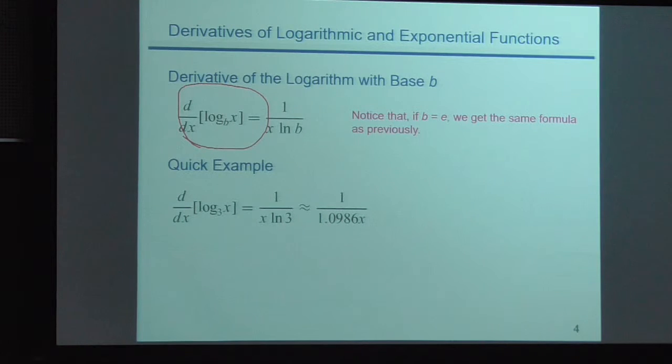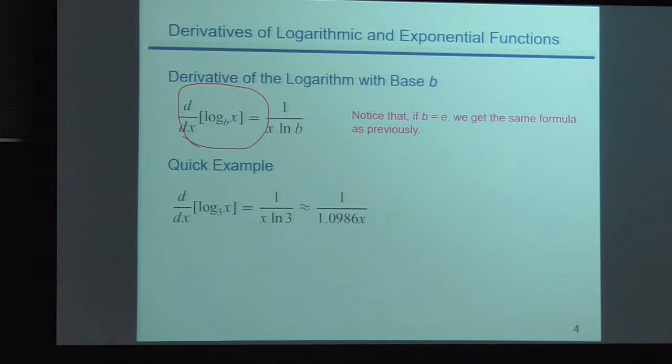ln means base e, right? This is for any b, so it will work even when b is equal to e. When b is equal to e, what is the derivative? 1 over x. So is that true here? When b is equal to e, do you get 1 over x? Yes, because what is ln of e?